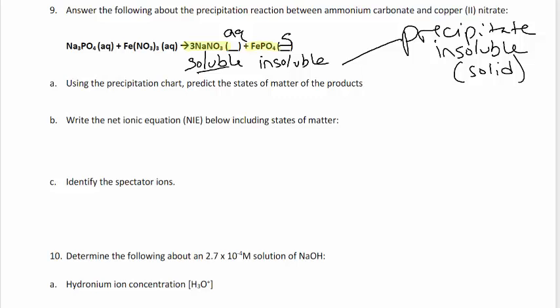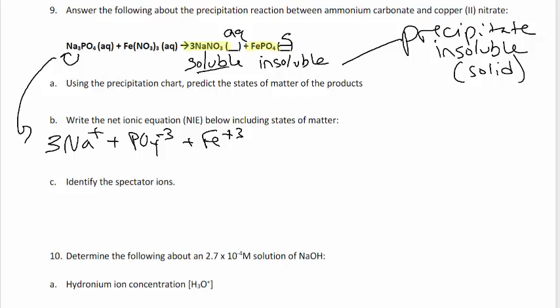All right, when we did this in class, we broke down everything to show all of the ions. So I'll walk through how to do that. Anything that was aqueous, you break it apart. And if there are any subscripts or coefficients assigned to it, you make sure that you distribute them. So for this one here, it would be 3 sodium ions that are positive, plus a phosphate ion that's -3, plus an iron ion that's +3, plus 3 nitrate ions.